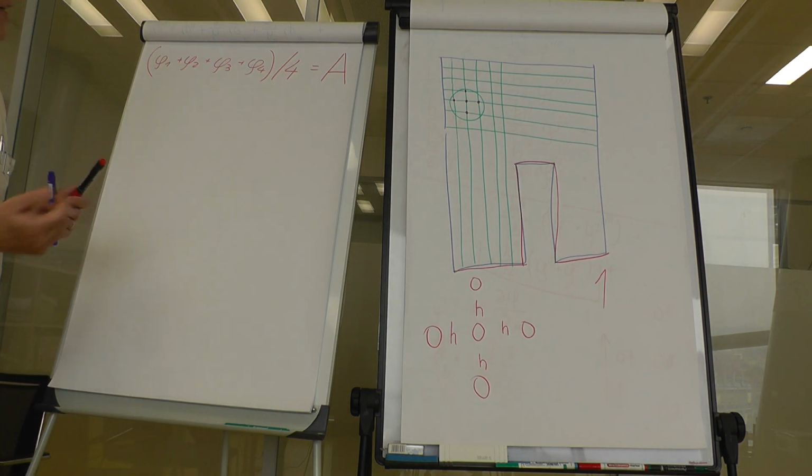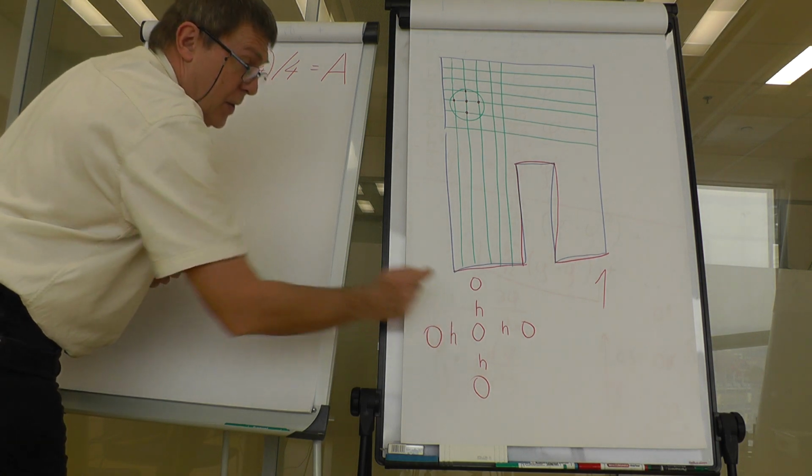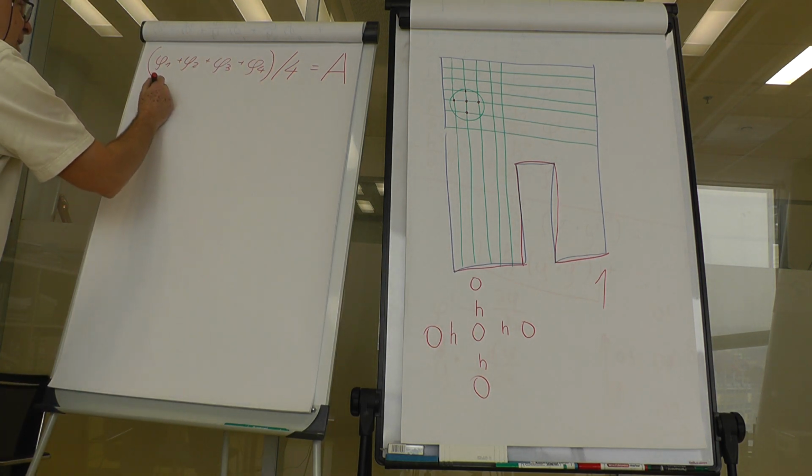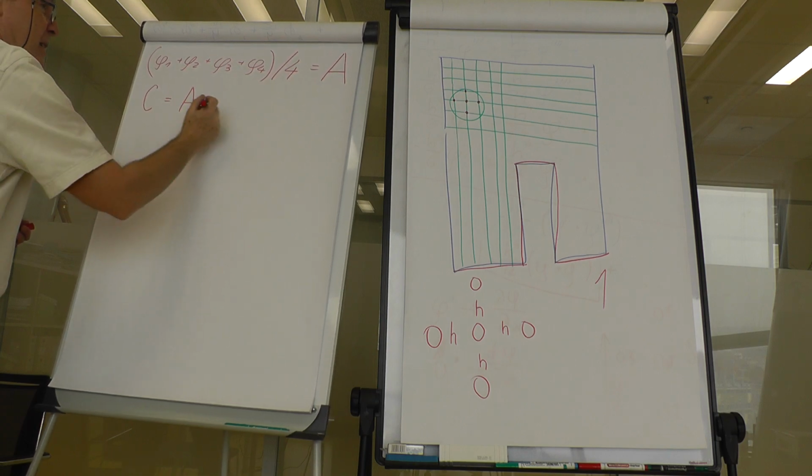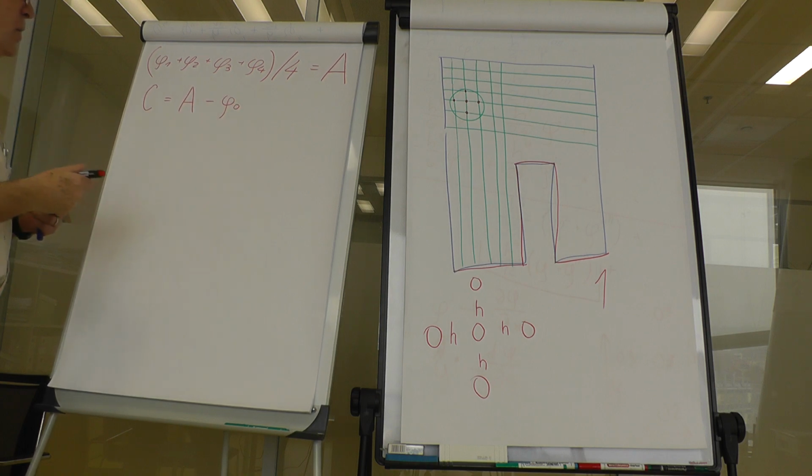Let's calculate the correction. The correction is the average minus the actual value. So the correction C is the average minus phi 0. If we add the correction to phi 0, we would get the average.